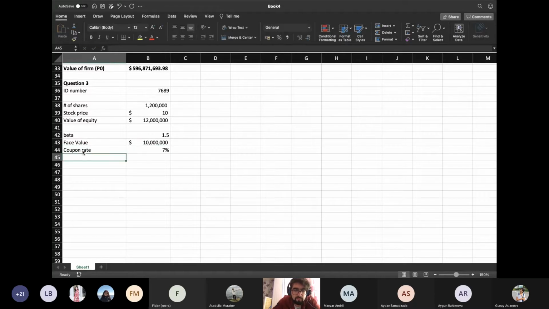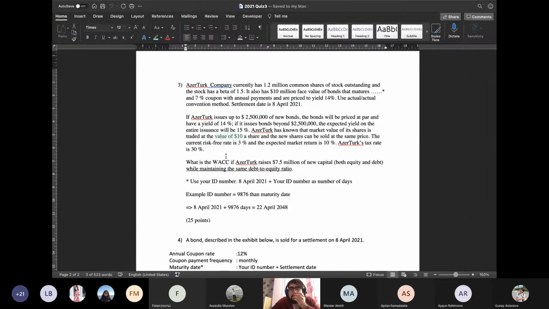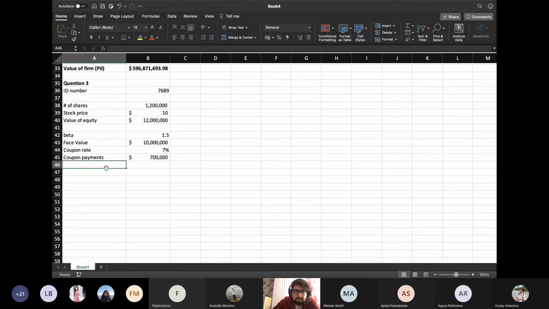So it means coupon payment is equal to the face value multiplied by coupon rate. Yield 40%.